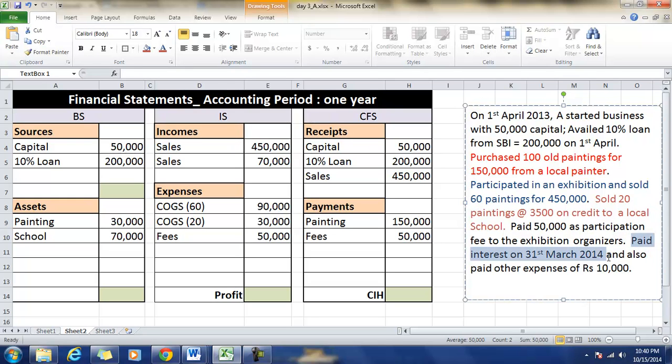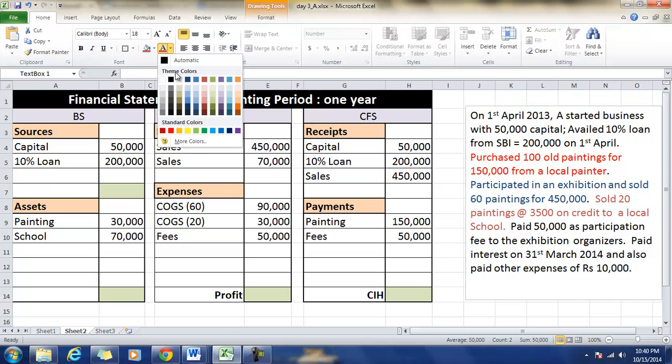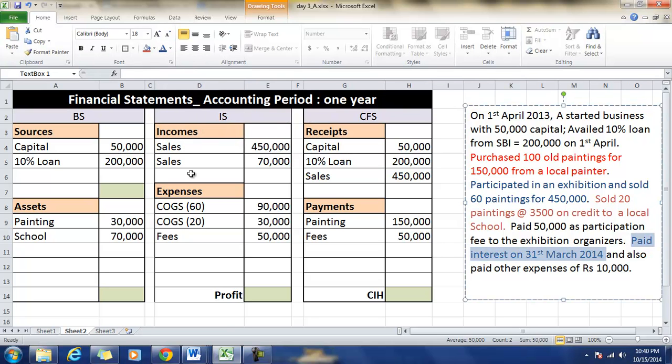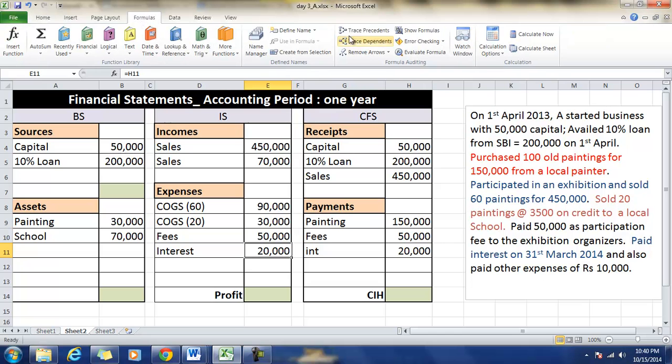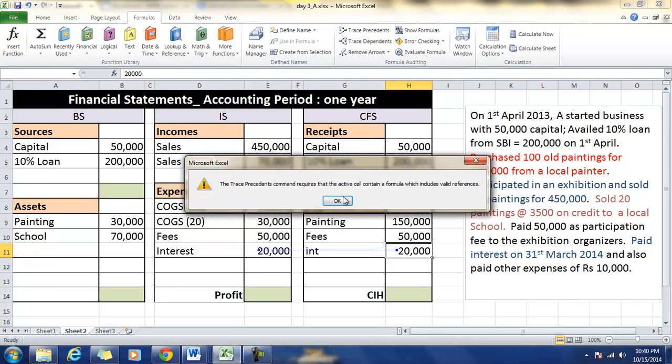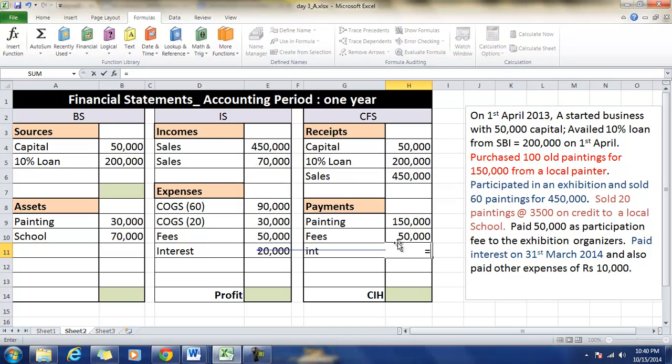On the loan, interest is an obligation, so interest has to be paid, and the amount of interest is calculated on the loan, 10% of the loan, 0.10 for the year, because we have taken the accounting year as 1 year.